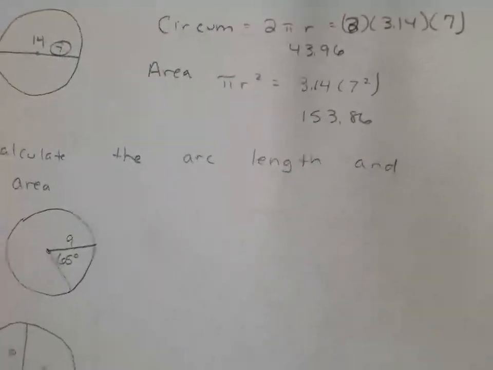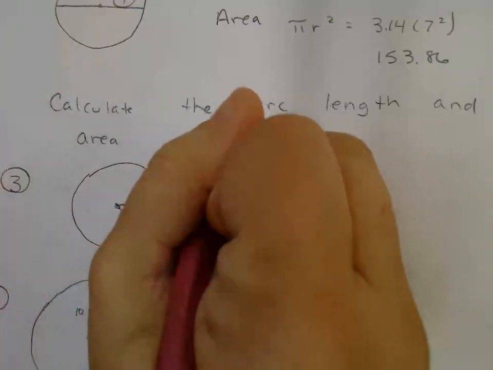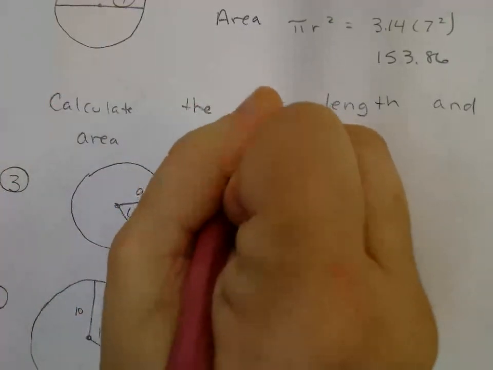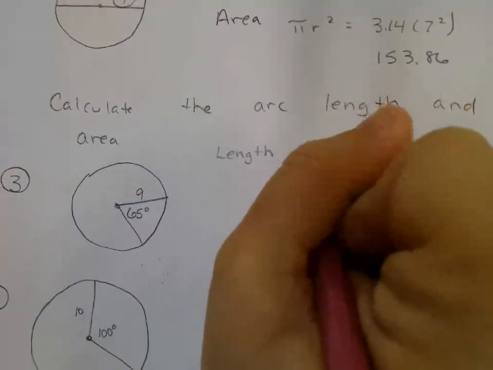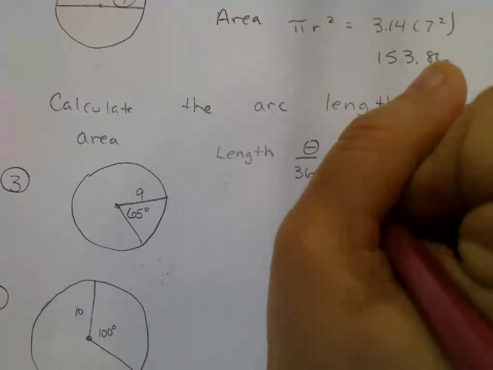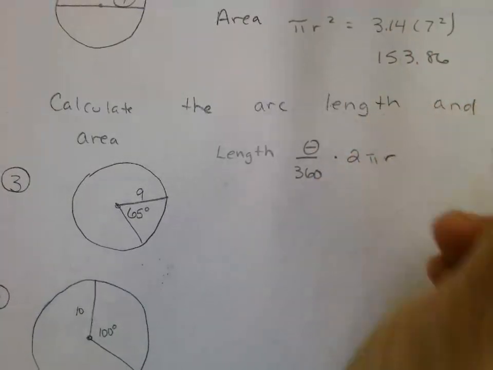Okay, number 3, we're looking at arc length and area. So formulas for that. So for arc length, it's the angle over 360 times your circumference formula, 2 pi r.